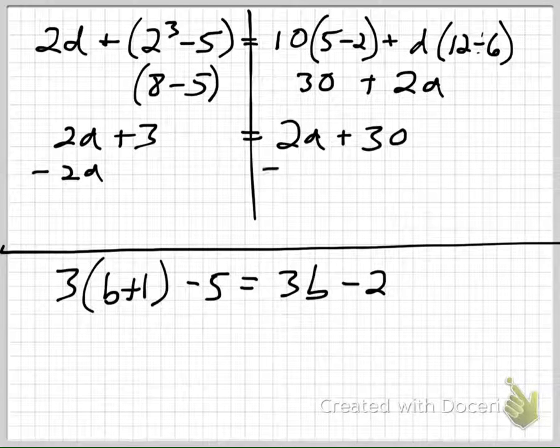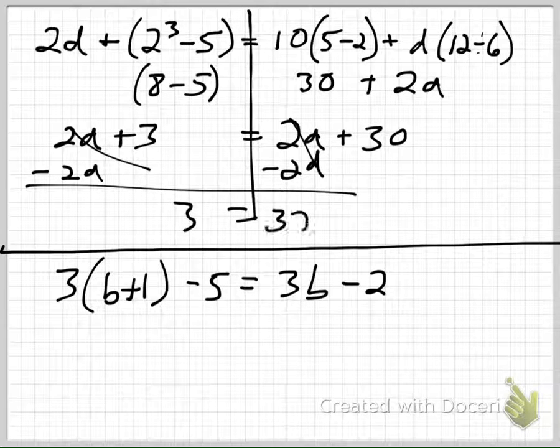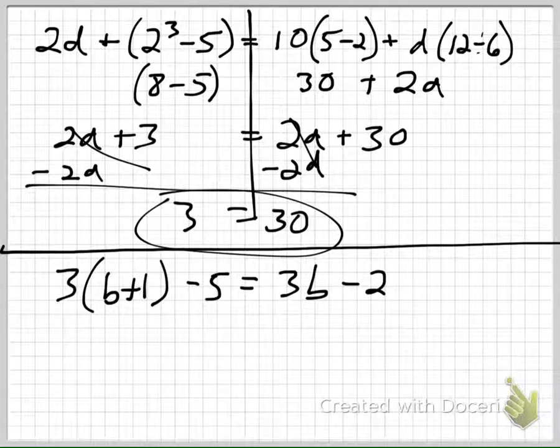Minus 2d, 3 equals 30. The answer is, there ain't no answer, right? No solution. 3 will never equal 30, right?